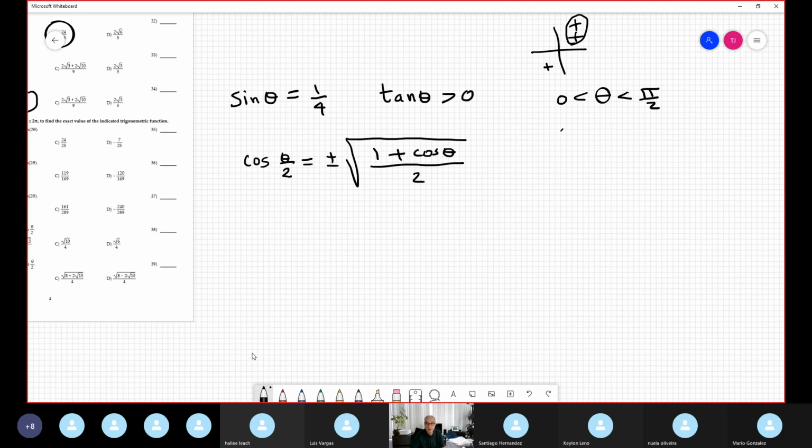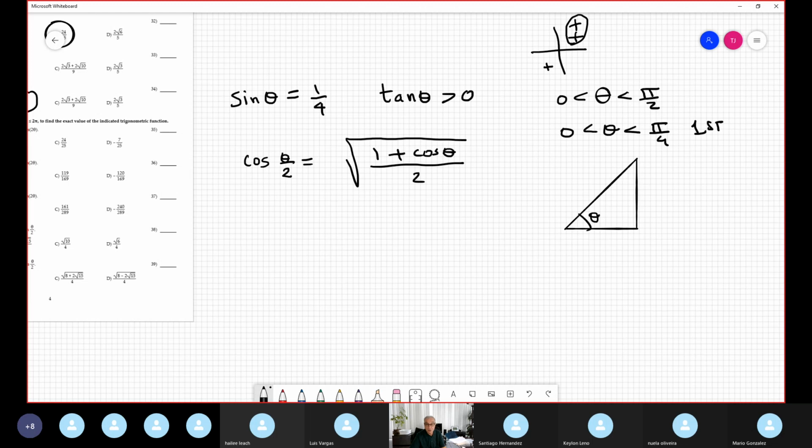Now the half angle lies between 0 and pi over 4. Again, it's the first quadrant. So immediately I remove the sign. I know that my answer is positive, and you may want to put a positive sign, but if it is omitted or missing, you understand that it is positive. Okay? Let's move on to determine cosine. This is my famous theta.